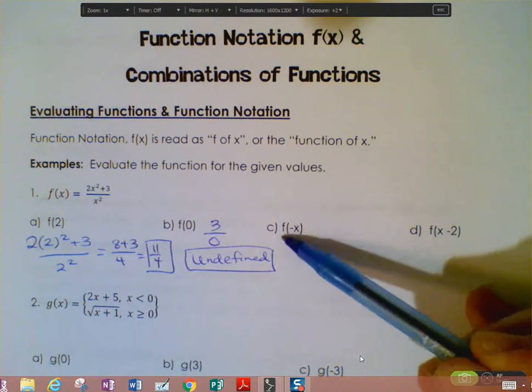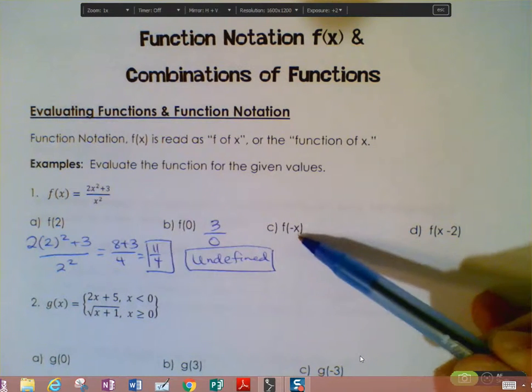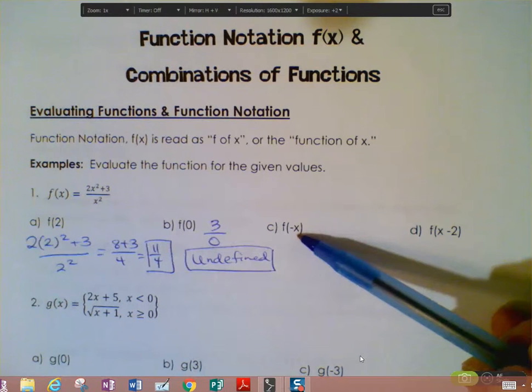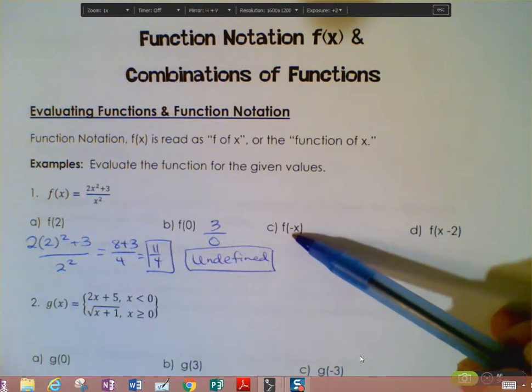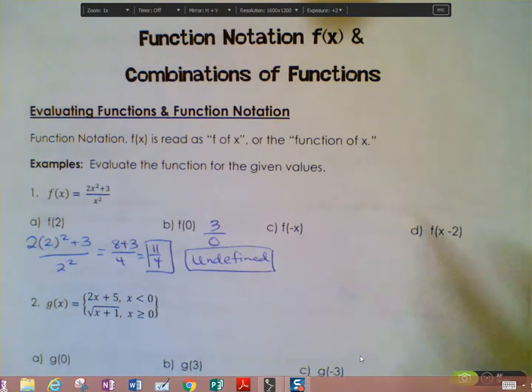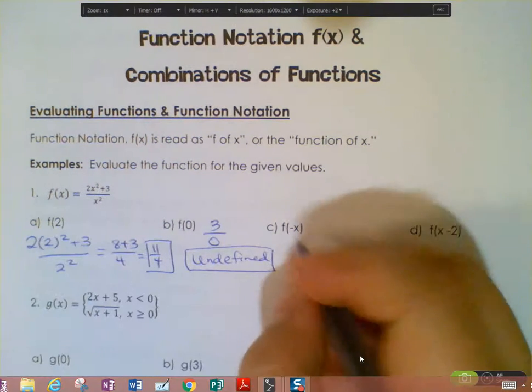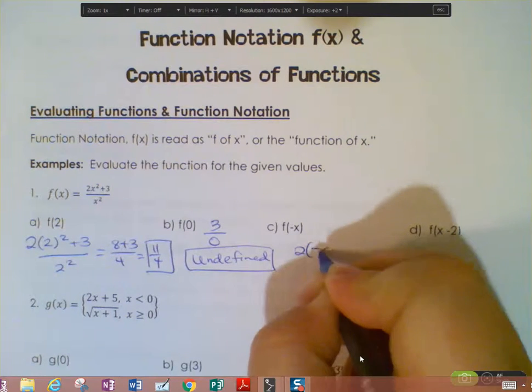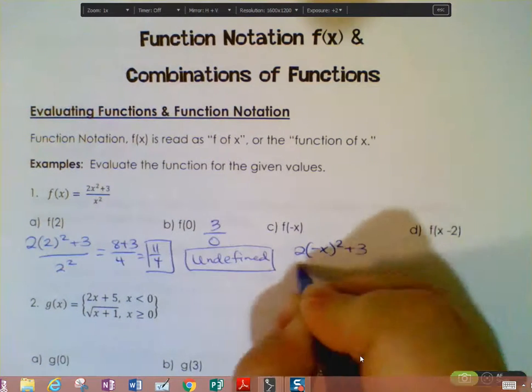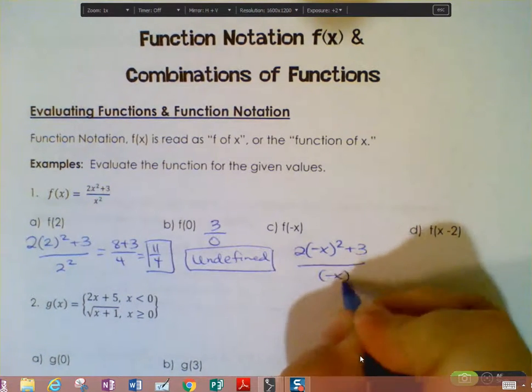Okay, the next one. This one actually has a variable. In fact, you're going to see some problems like this in your homework where you're just going to substitute in a different variable. In this case, the variable is quite similar. It's just a negative x. So every time we see an x, we put a negative x. So 2 times negative x squared plus 3 all over negative x squared.